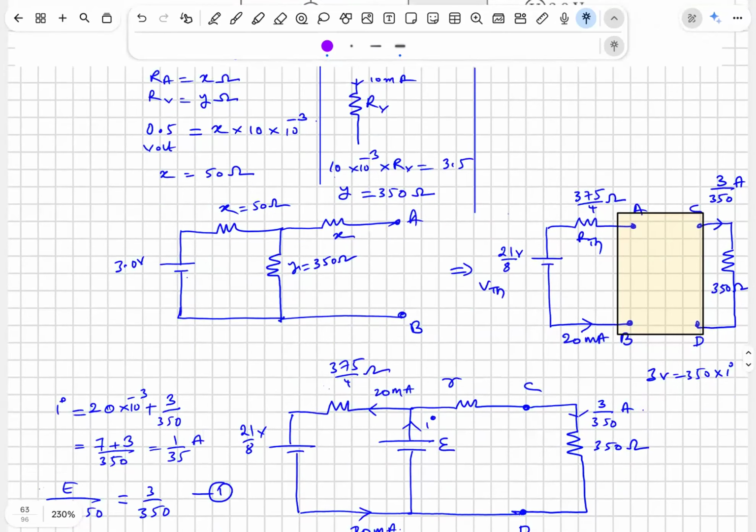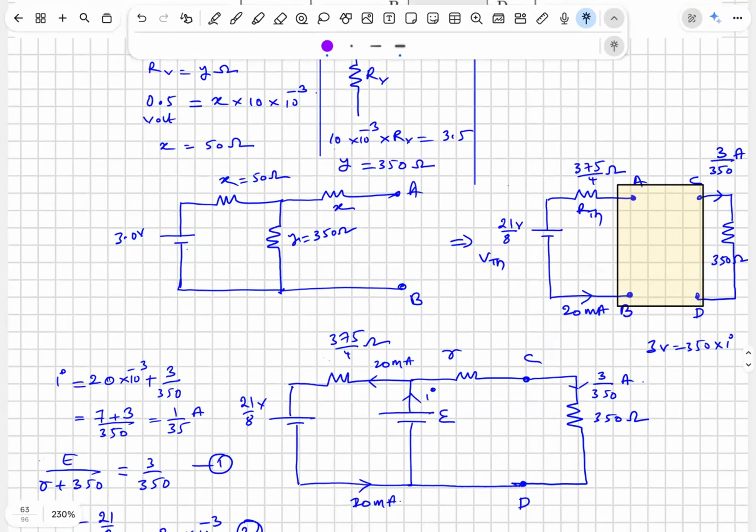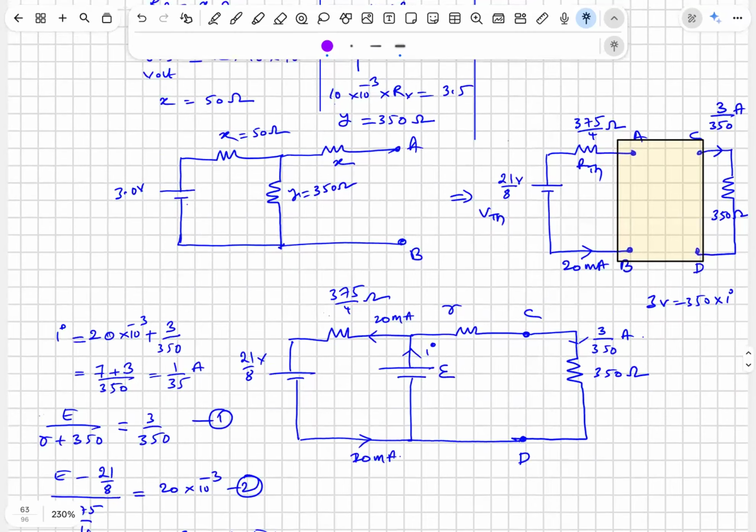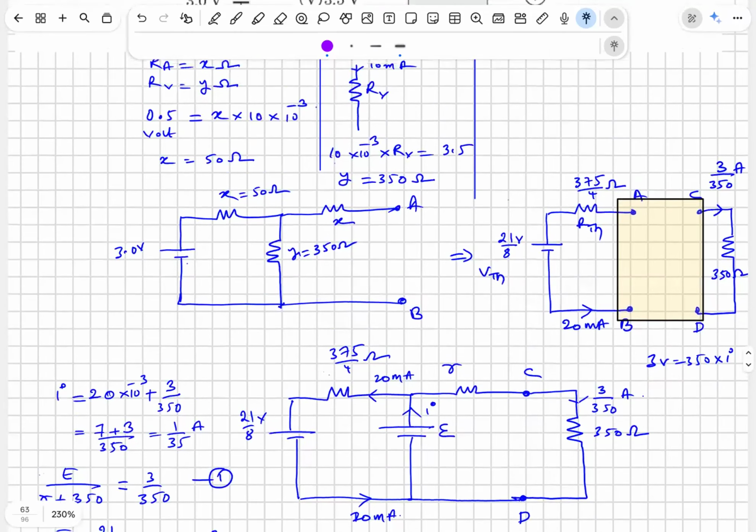I have no idea what is there inside. Remember. V Thevenin means across this, when no current passes through, what is the potential drop? 3 volts to be distributed as 1:7. 7 by 8 times of 3 volts, which is 21 by 8.